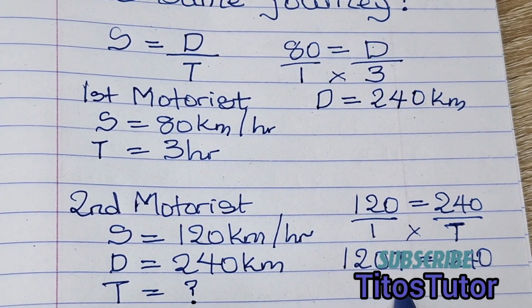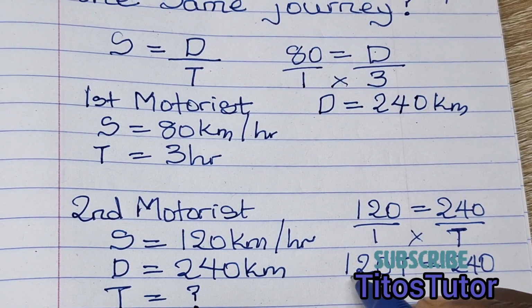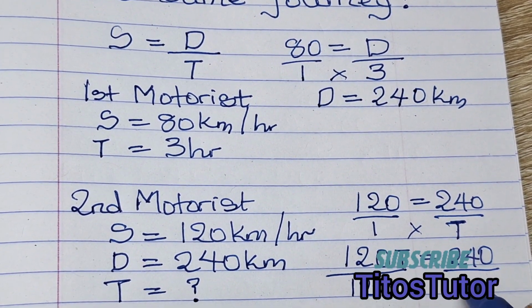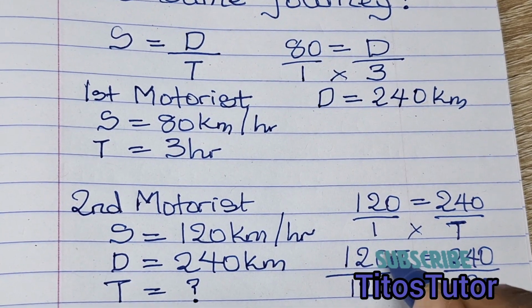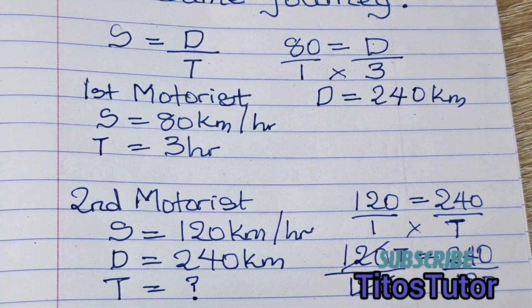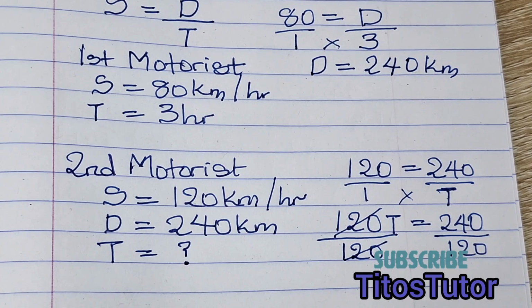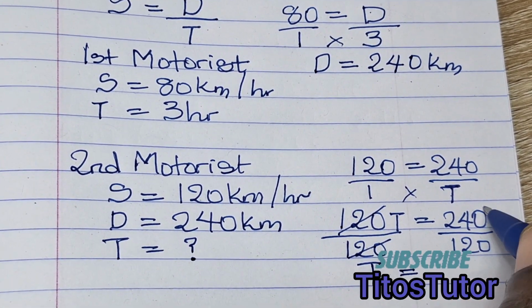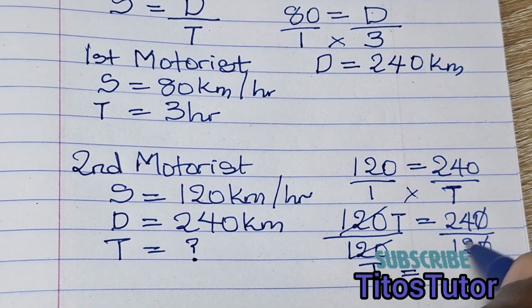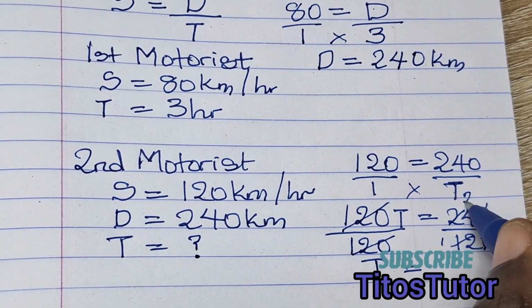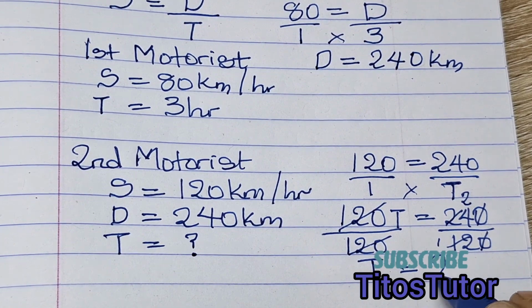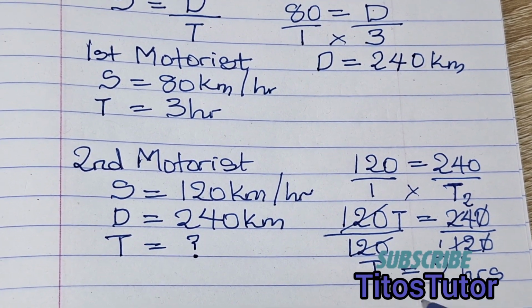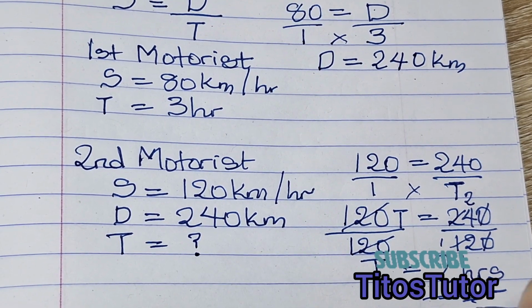I need t to stand on its own, so I'm going to divide this by 120 and divide this by 120 as well. 120 cancels 120. I'm left with just my time, which I am looking for, and this 0 cancels this 0. 12 here 1, 12 here 2. So the second motorist completed the journey in 2 hours, and I am done.